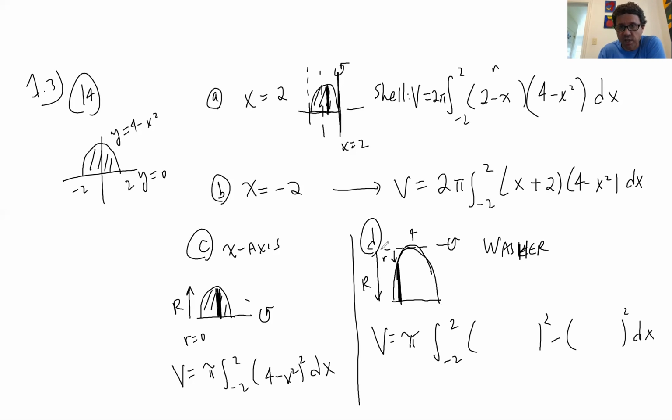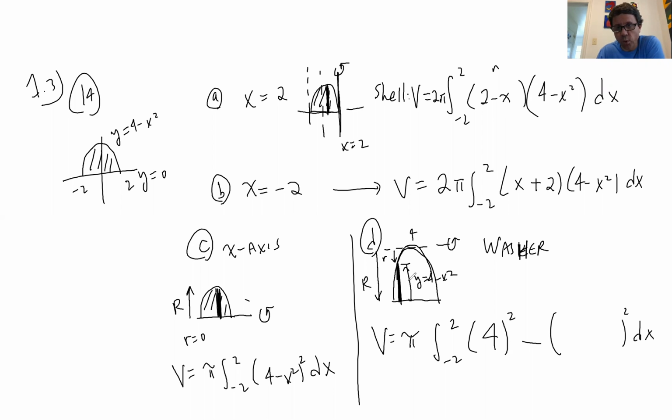So big R, you can see that no matter where the strip is, the bottom of it is always on this bottom line, which is exactly 4 units away. So the big R is always 4. The little r is the distance here. Now this distance is like the y coordinate, which is 4 minus x squared.